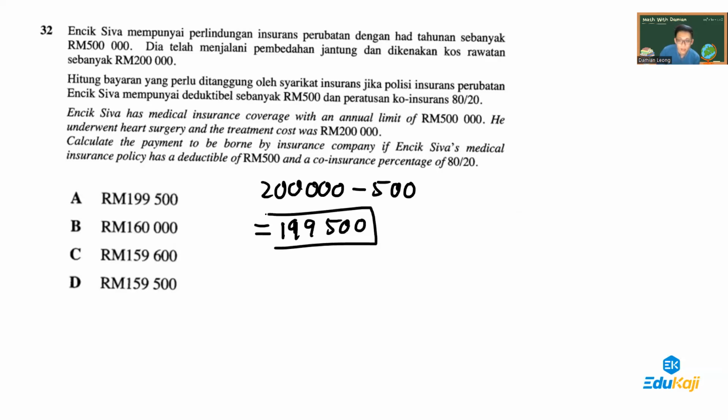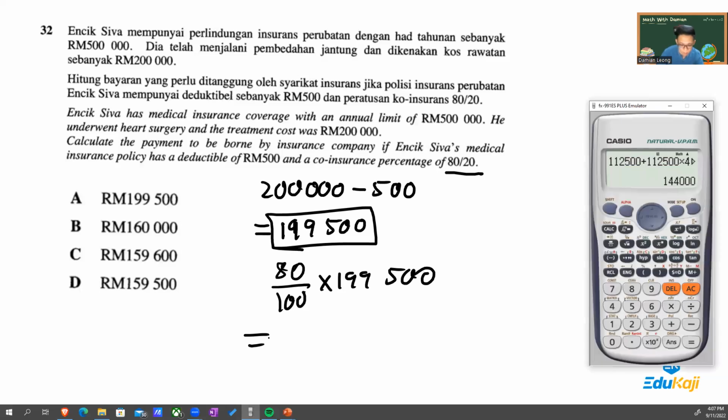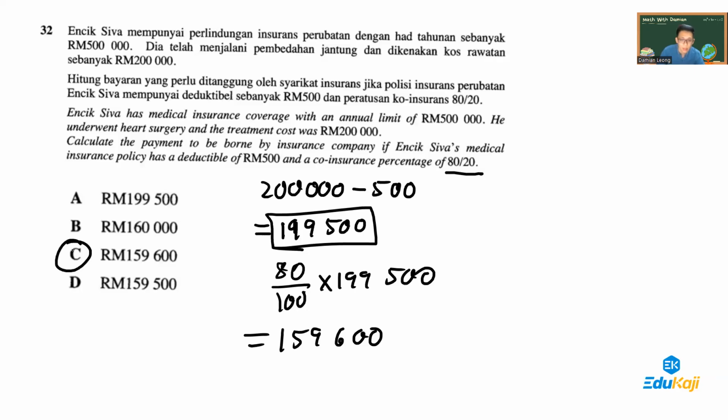Then this 199,500 will be split 80% and 20%. Means 80% will be borne by the insurance company, 20% will be borne by himself. So I take 80% of 199,500. So it's 159,600. That is the amount that the insurance company will pay. Okay, you have to minus the deductible first. You cannot split 80%, 20% first.